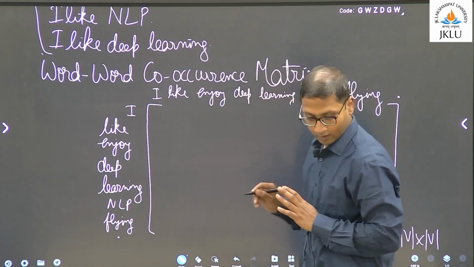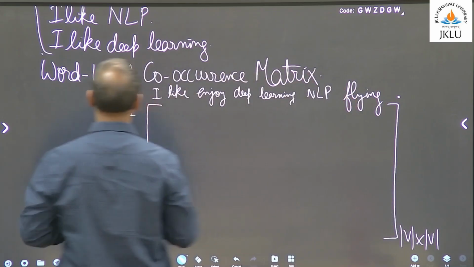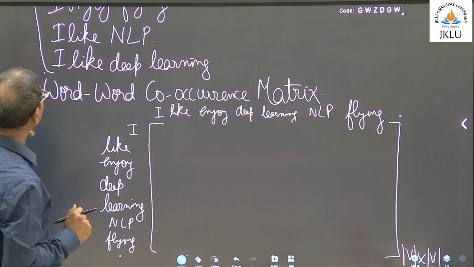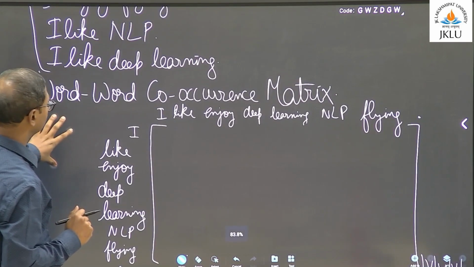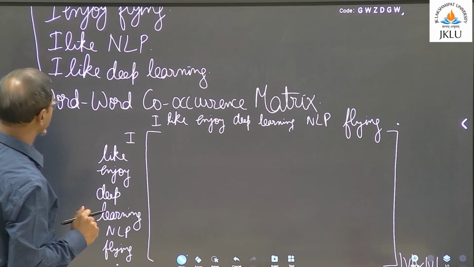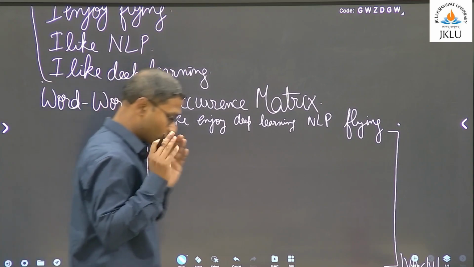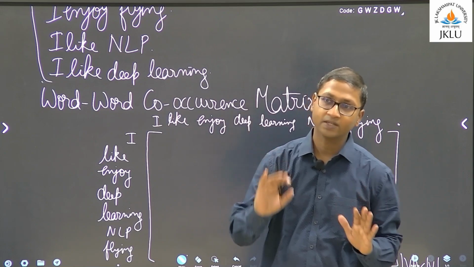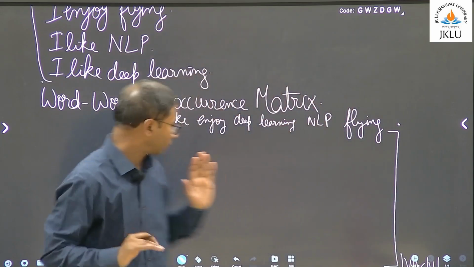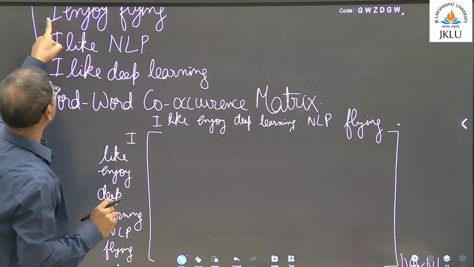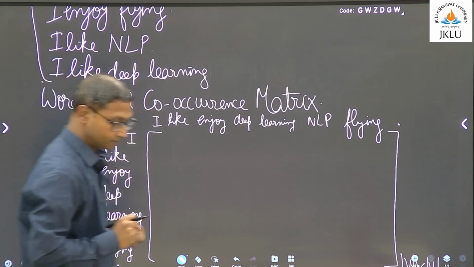Now what we are going to do here is take a window of size 1. What we mean by window here is the same as what we maintained in Word2Vec. So who appears in the context of this I?